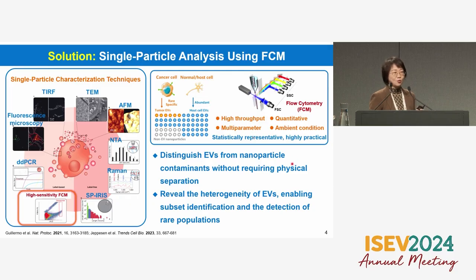It can distinguish EVs from nanoparticle contaminants even without physical separation, because you are detecting them individually. And it can also reveal the heterogeneity of EVs, enabling subset identification and the detection of rare populations.